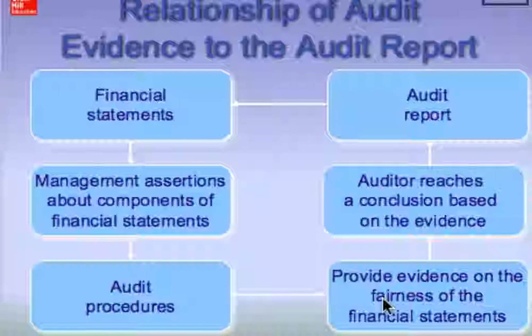Those assertions are tested by audit procedures. Those procedures provide evidence on the fairness of the statements. That evidence allows the auditor to reach a conclusion. The conclusion is included in the audit report. The audit report is included with the financial statements. And you can see how that cycle plays out.